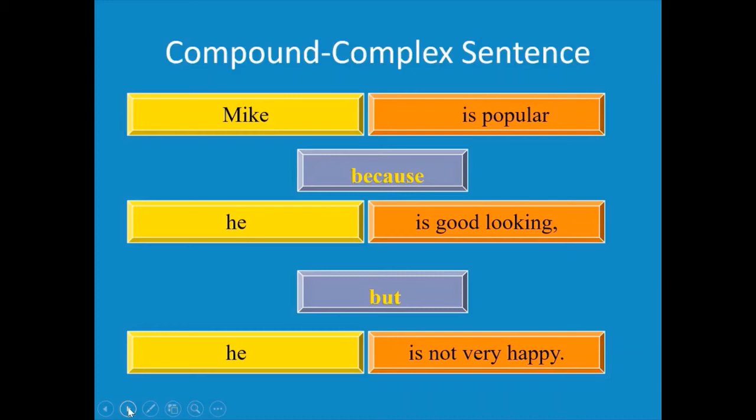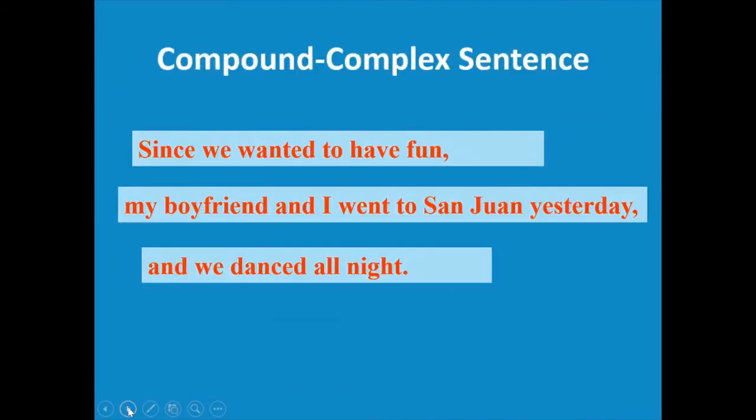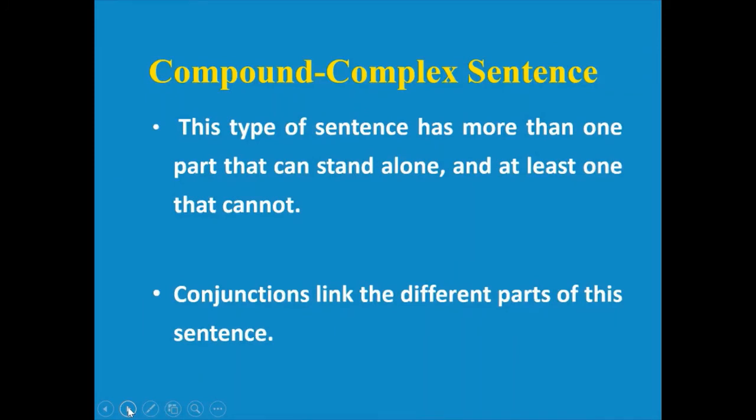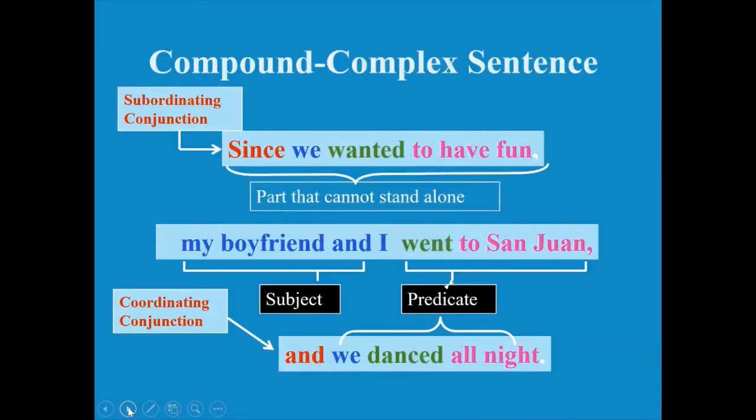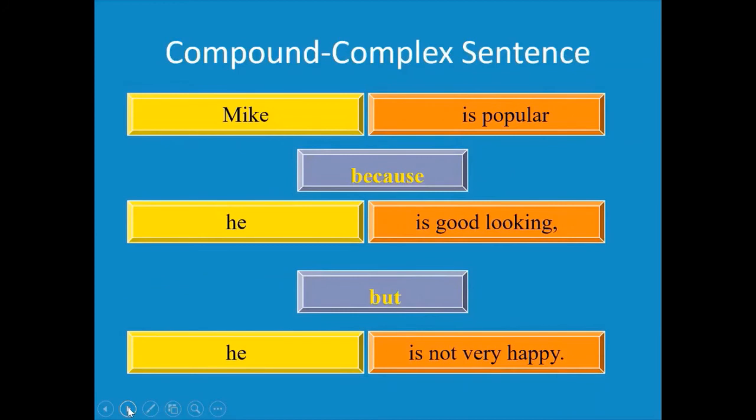Here's another example. Mike is popular because he is good looking, but he is not very happy. Here in this sentence, two conjunctions are used, because and but, to link the three parts of this sentence.